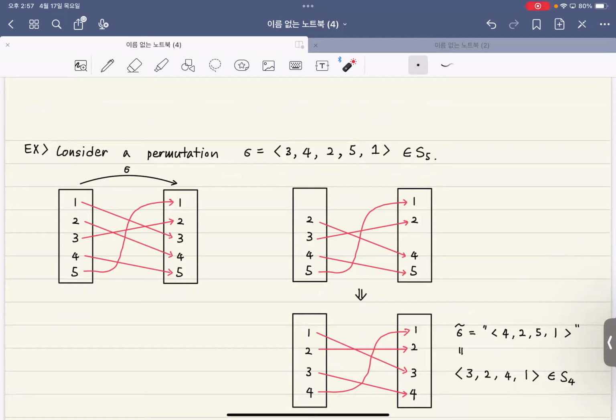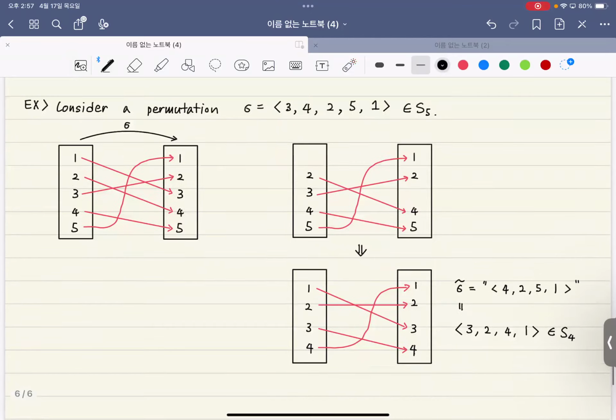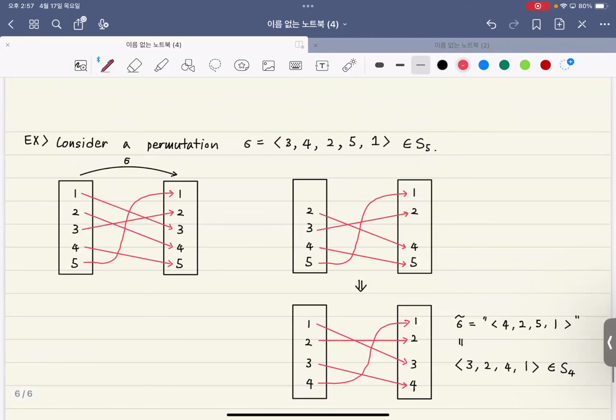On the other hand, I want to compute the inversion number of this permutation. How many inversions do I have? 1 inversion and another inversion, this is 1 inversion and another inversion here, I have another inversion there, and another inversion right here.